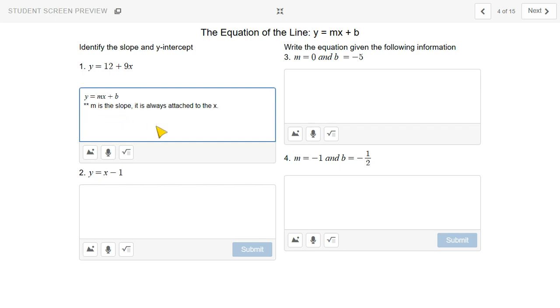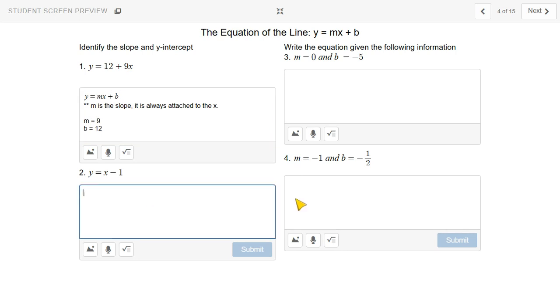So in this case, y is equal to 12 plus 9x. We have M is equal to 9. We know that it has to be 9 because M is the coefficient of x. B is equal to 12 because b is the constant that's added or subtracted to the term that has the x.